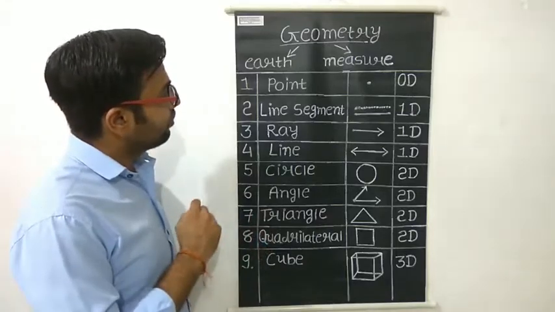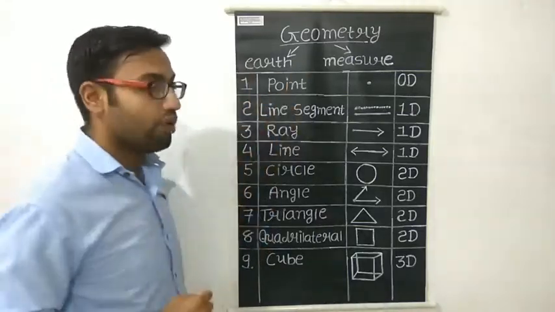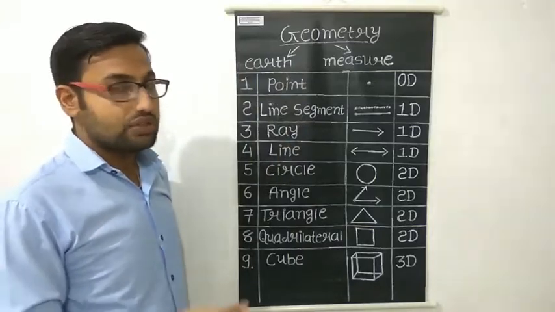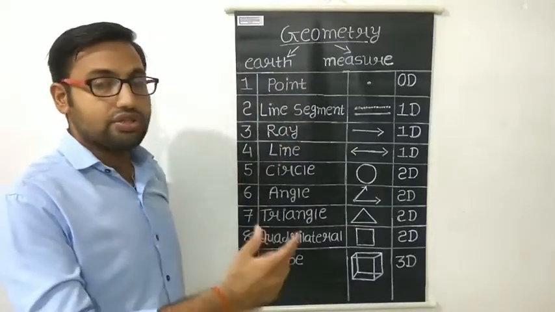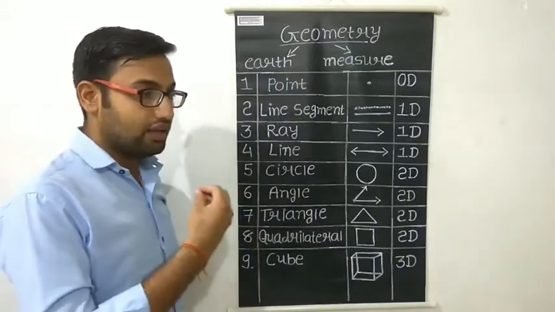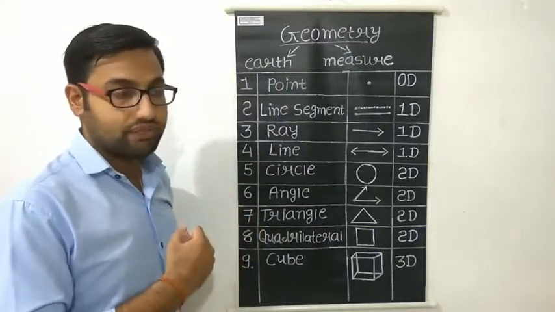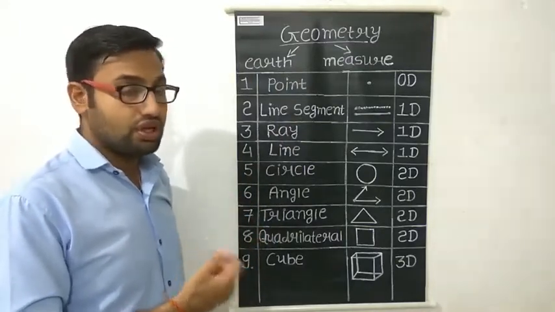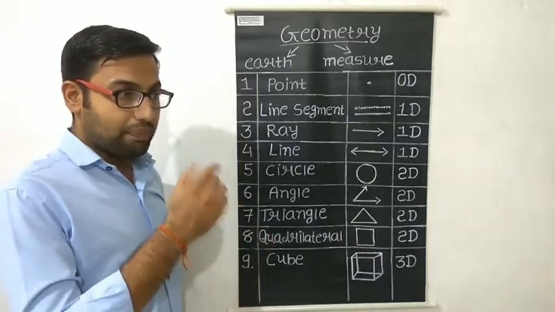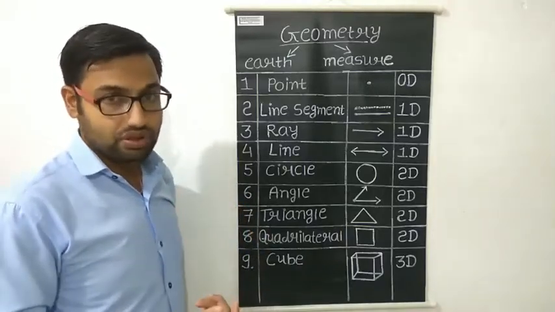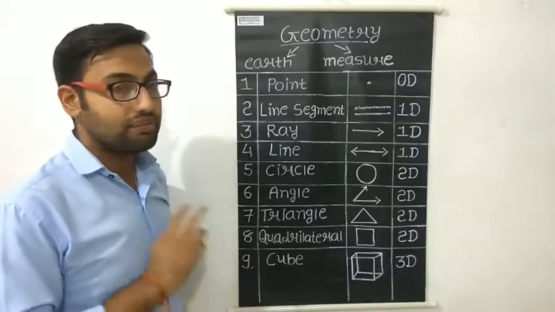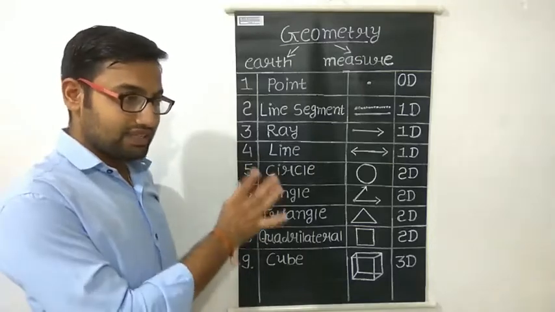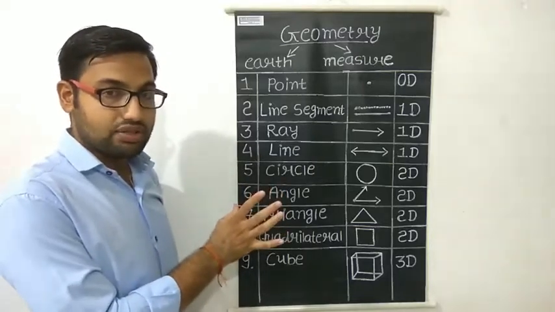So first of all, the question is, what is geometry? Geometry is a branch of mathematics. Like we have a branch of arithmetic, in which we apply the basic maths operations like addition, subtraction, division and multiplication. Right? So that is called the arithmetic branch.